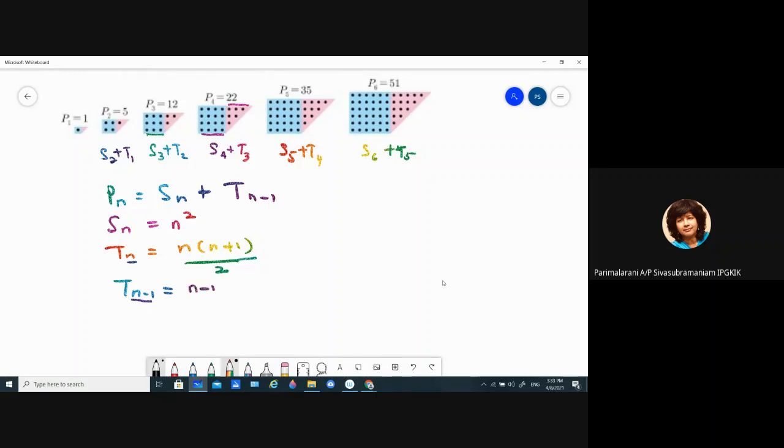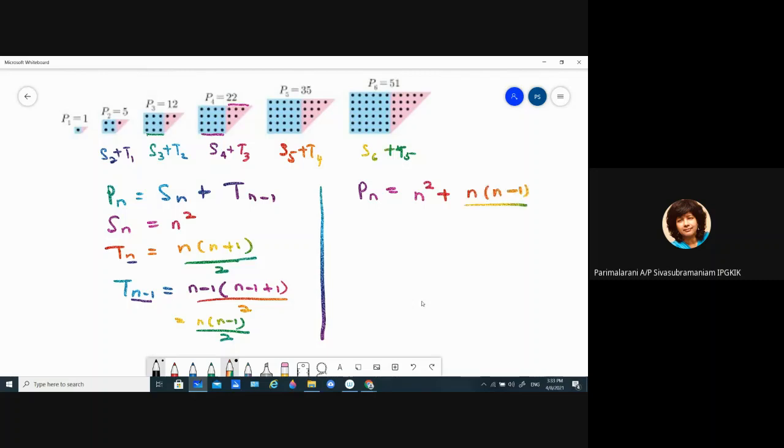That means we have n minus 1 into n minus 1 plus 1 over 2. Minus 1 plus 1 is equal to 0, so this is n into n minus 1 over 2. So Pn is equal to n squared plus n into n minus 1 over 2. Now we want to simplify this.